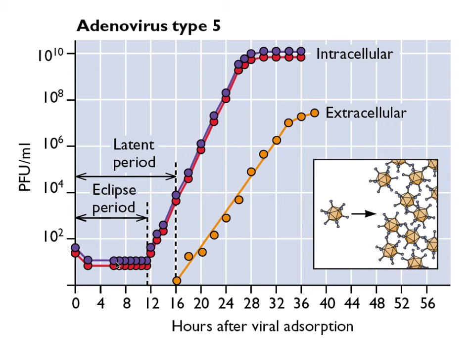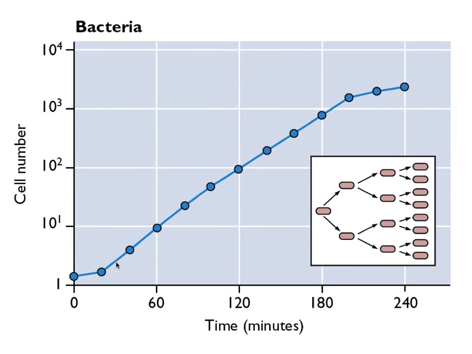Bacteria divide by binary fission. And this confused scientists for many years because they assumed that viruses and bacteria would be similar. And it wasn't until Ellis and Delbruck developed this one-step growth analysis that it became clear, because of this eclipse period, that viruses were fundamentally different than bacteria.